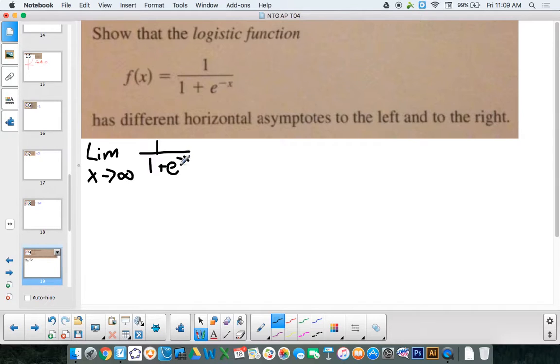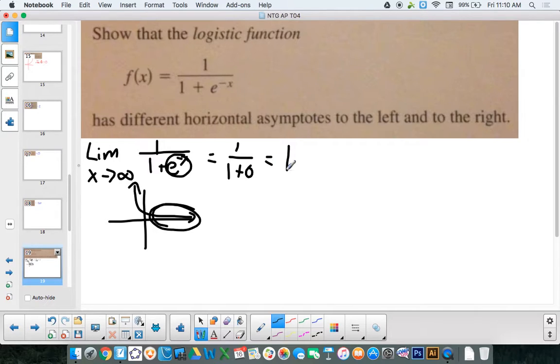Now if we think of this graphically, e to the negative x will go down instead of up, and as we go to infinity, this value goes to 0. So we get 1 over 1 plus 0, which is 1. So to the right, this graph approaches y equals 1.